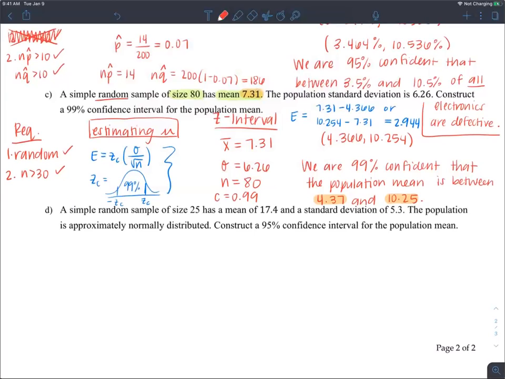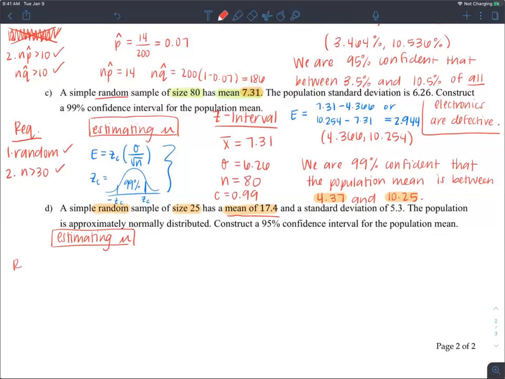We're told that there is a simple random sample of size 25 and mean 17.4. So based on this right now, what are we estimating, mu or p? Because whenever it says mean of 17.4, which one is that? It's mu. So here, we're estimating mu.